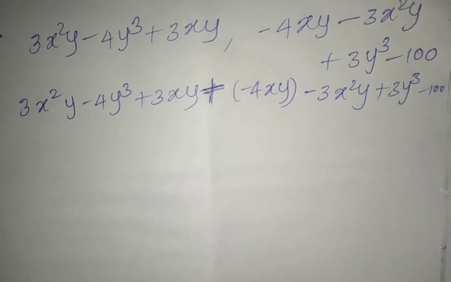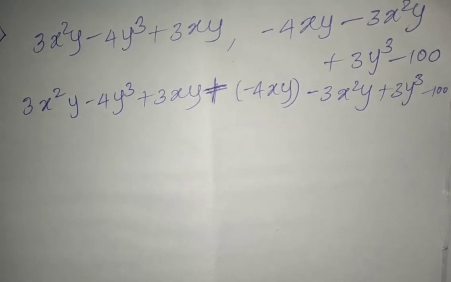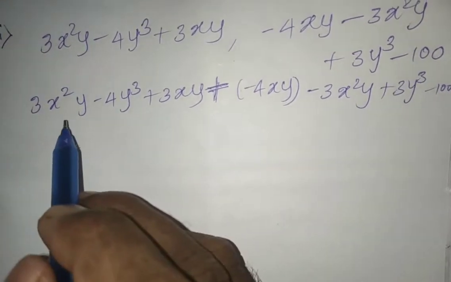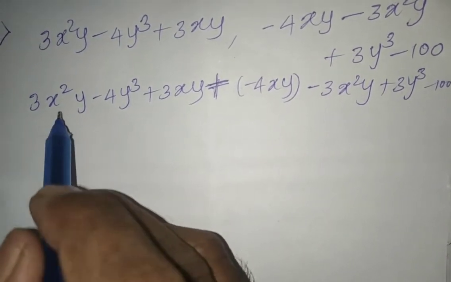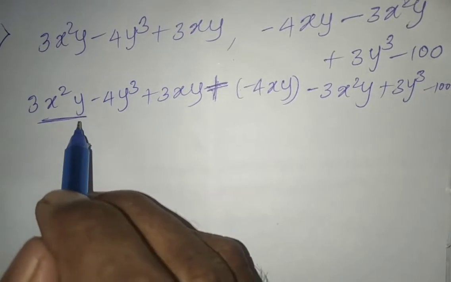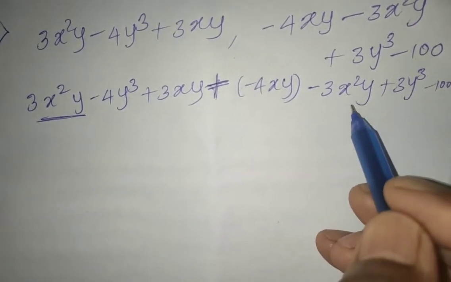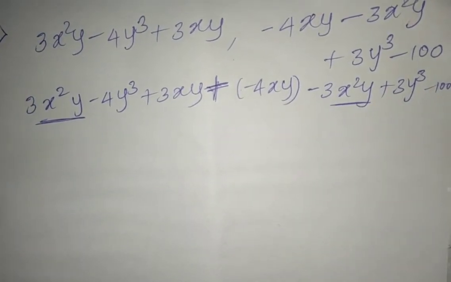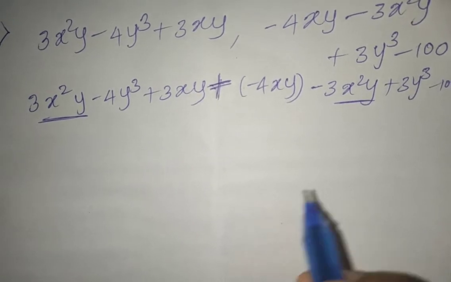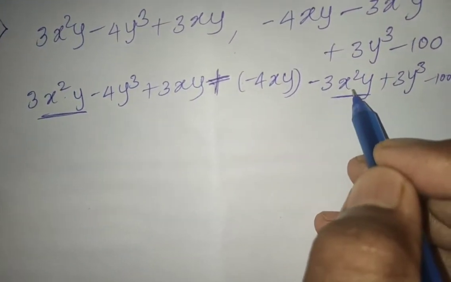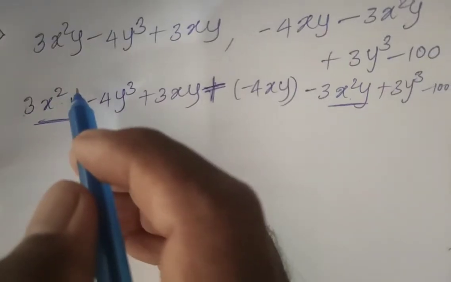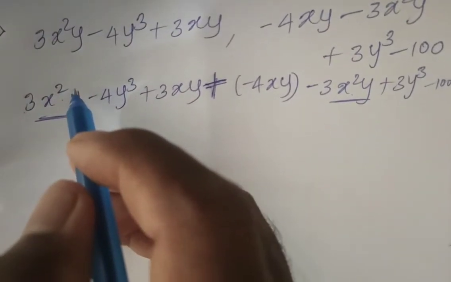Now identify like terms. While adding and subtracting, we need to identify like terms. Here x square y is there, and one more x square y here. Now what will happen here? Plus 3x square y minus 3x square y, 3 minus 3 is 0, so we can cancel out these two.